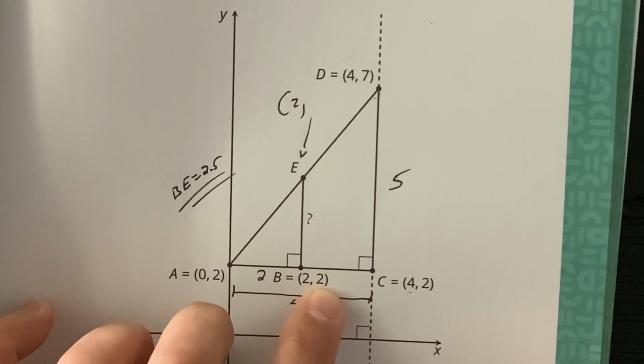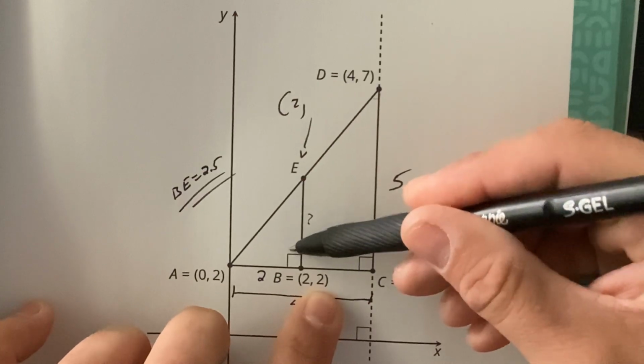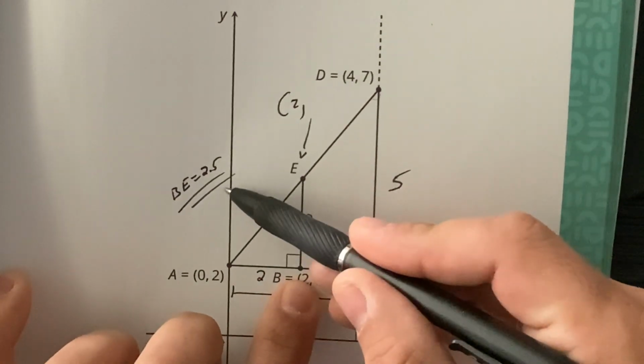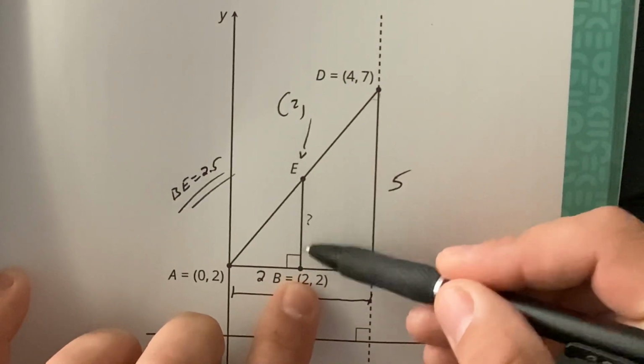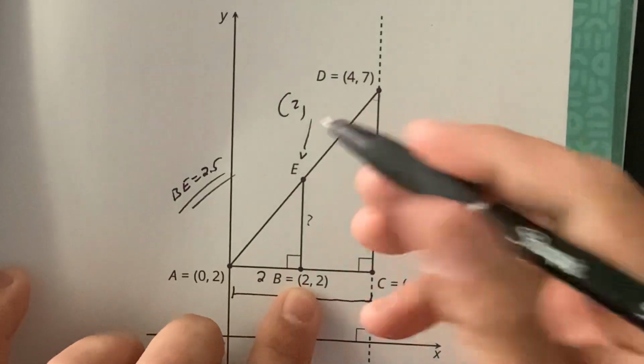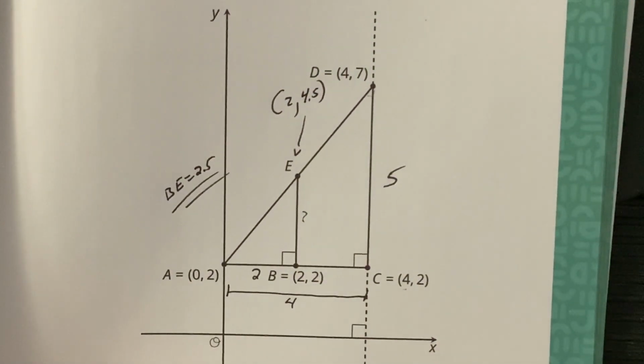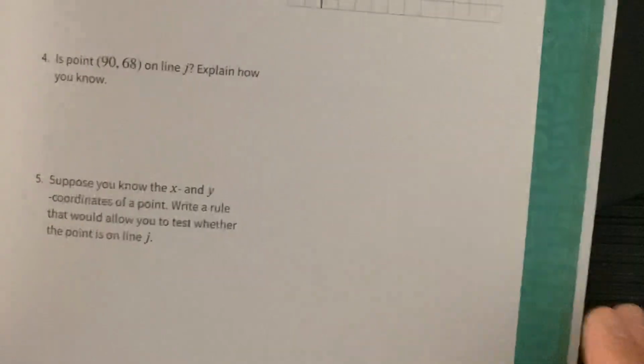The y coordinate is 2, so it's up 2 here, right? And you said the length is 2.5, so I'm asking what's 2.5 above 2? 4.5, yes. So 2 and 4.5, or 4.5, that would be fine as well.